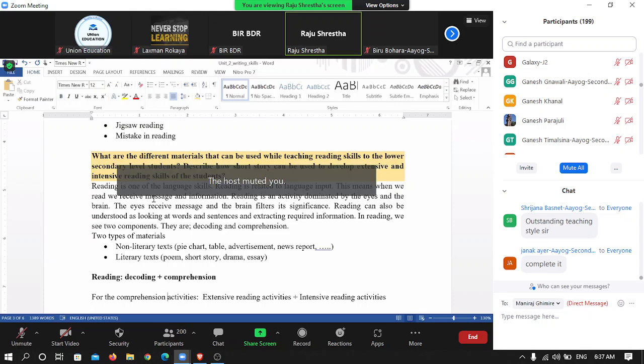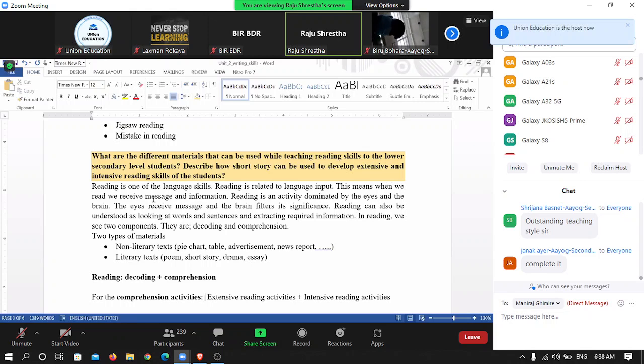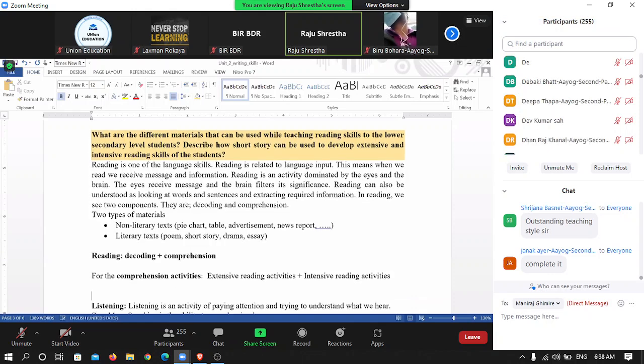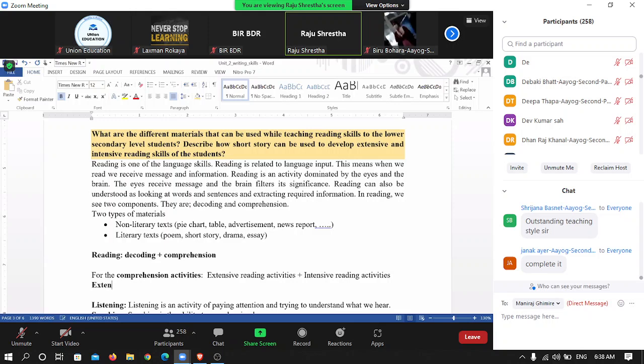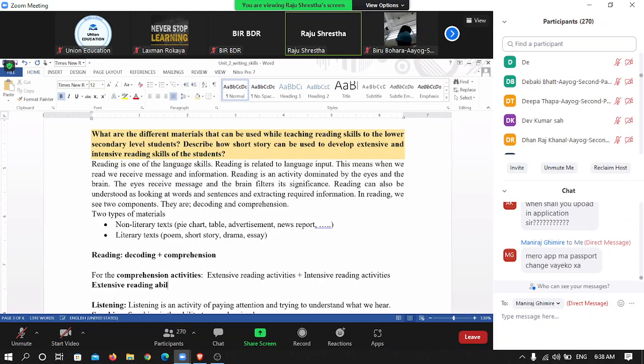Now to develop the comprehension ability of the students, comprehension activities or exercises should be there, and extensive reading activities plus intensive reading activities are called comprehension activities. So how do we develop extensive reading ability of the students?